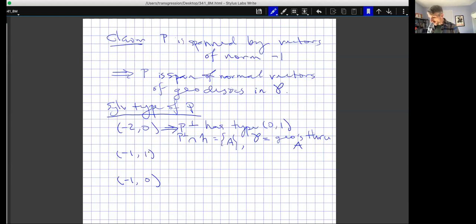The second case leads to geodesics perpendicular to a fixed geodesic. And the third case leads to geodesics with a common end.